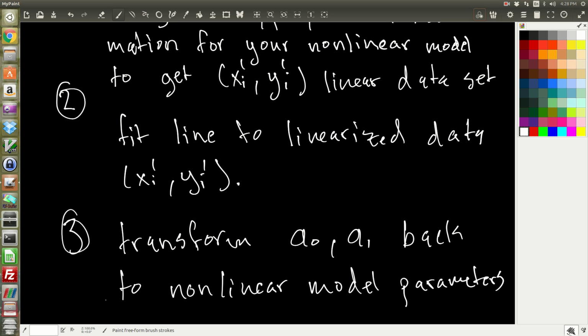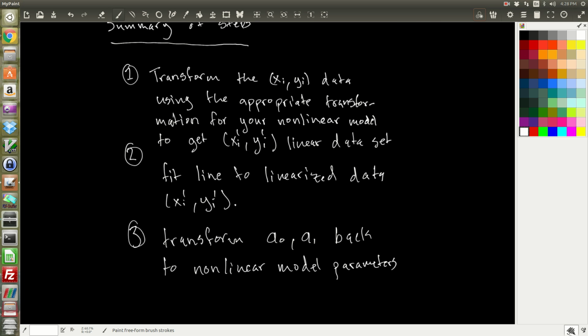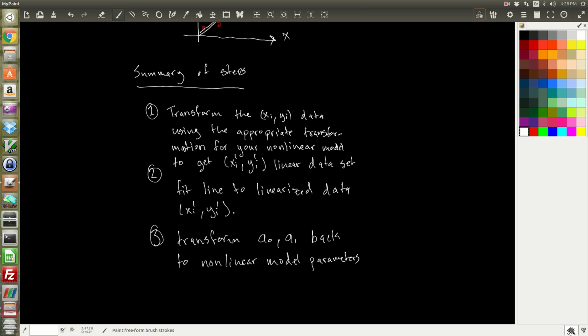All right, so let's just kind of zoom out here. So those are the basic 3 steps.